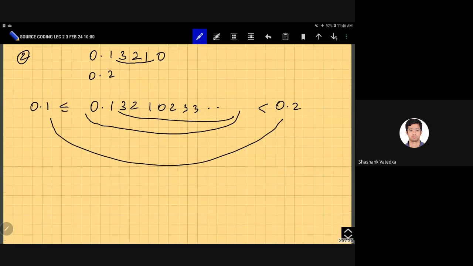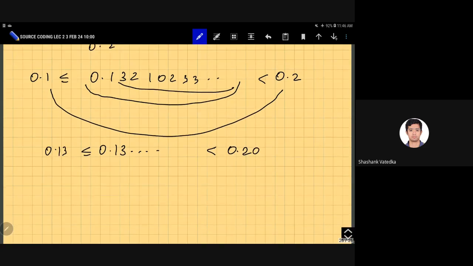Similarly, when I observe the second symbol, 0.13, the rest of it is going to lie between 0.13 and strictly less than 0.14. In this case, the alphabet is of size 2, so it's 0.20.